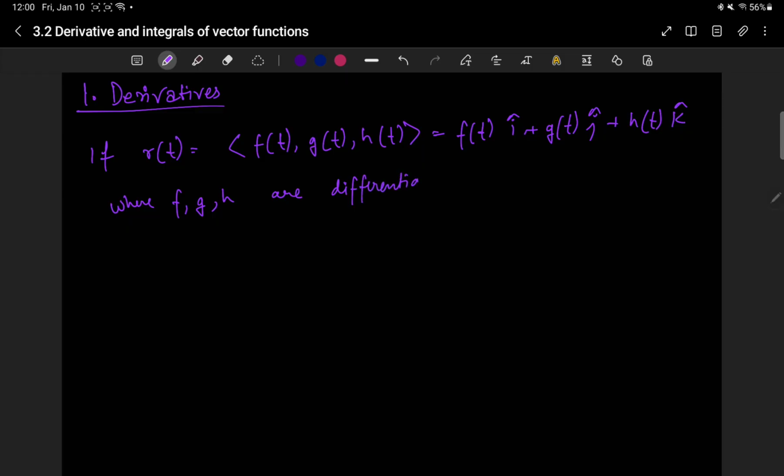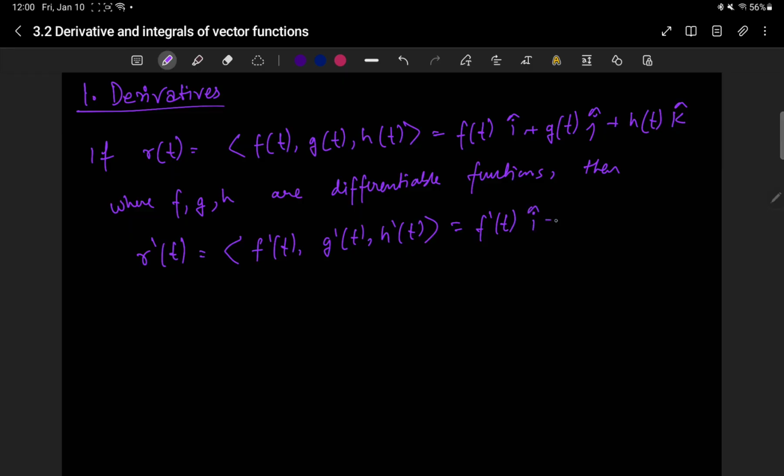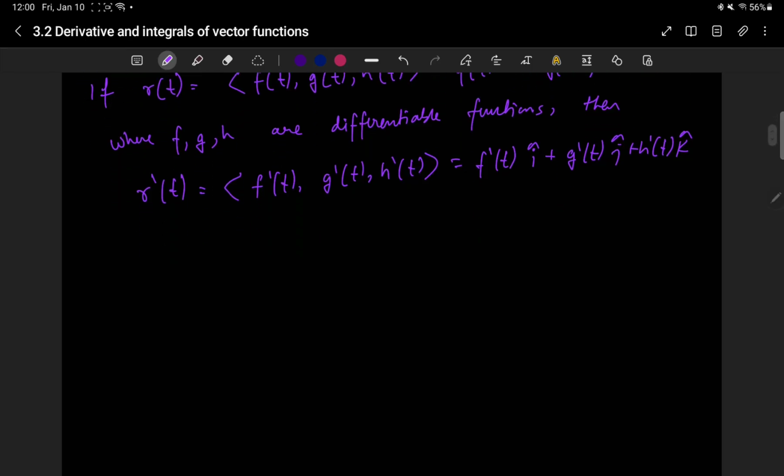They do have to be differentiable so that we can find the derivative. Then the derivative r prime t is quite simply the derivatives of each of the components of the vector function, or written in the ijk form, that is what that would look like.